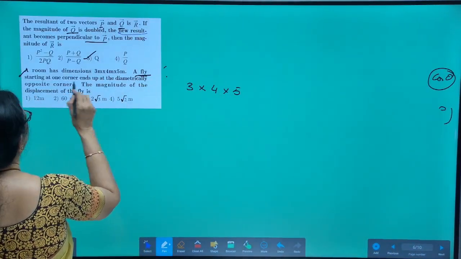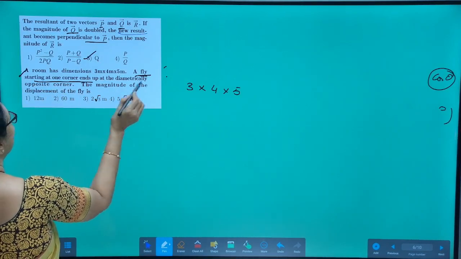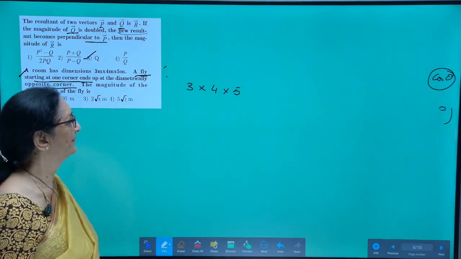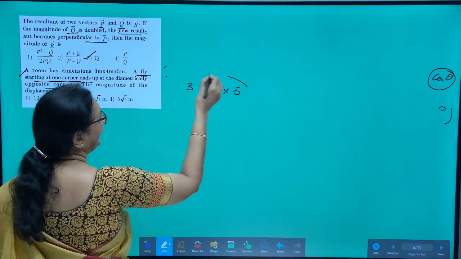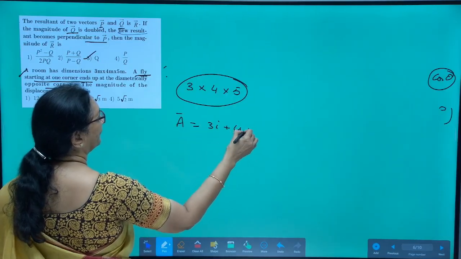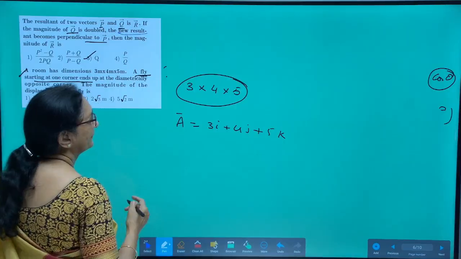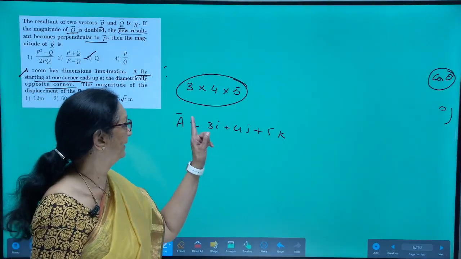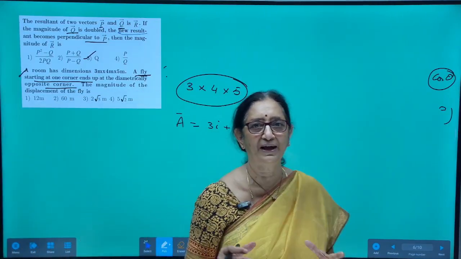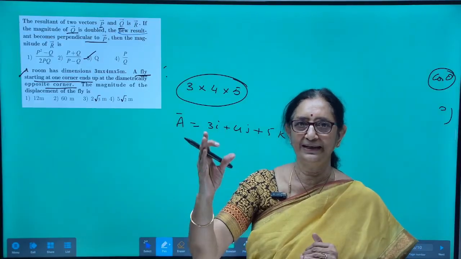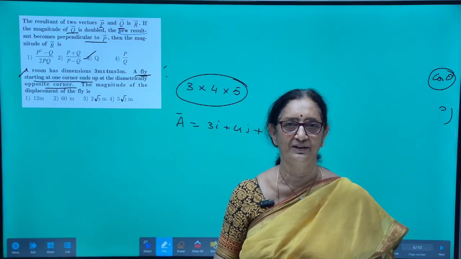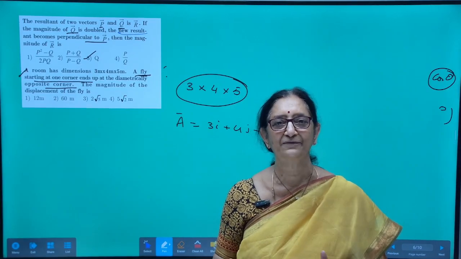A fly starting at one corner ends up at the diametrically opposite corner. Find the magnitude of the displacement.